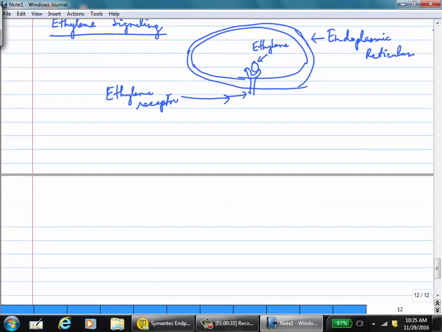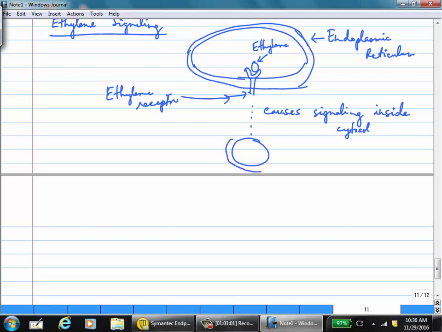Once this binding takes place, there is signal transduction inside the cell, and there are many steps that take place here. I'm not going to fill those in. So this causes signaling inside the cytosol. And then finally some molecule is released that enters the nucleus. So let's say this is the nucleus of the cell.